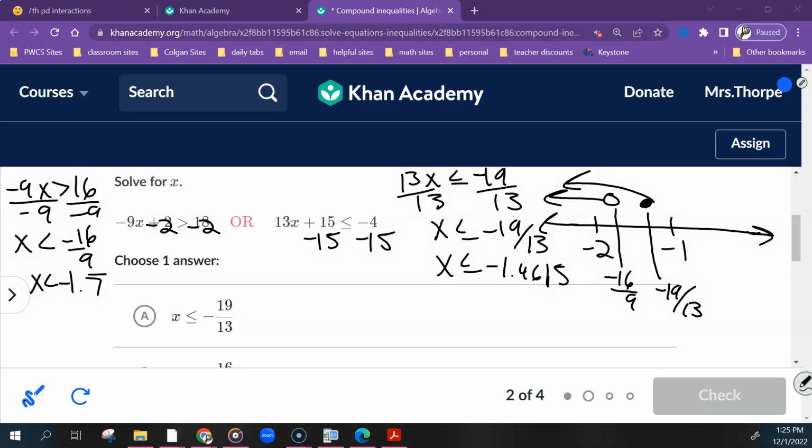Here you're looking for the union, which means where are both of these things true? So where is this true? And this would be true everywhere below negative 19 thirds. And where is this one true? Everywhere below negative 17 ninths. So because of that, that would be your answer.